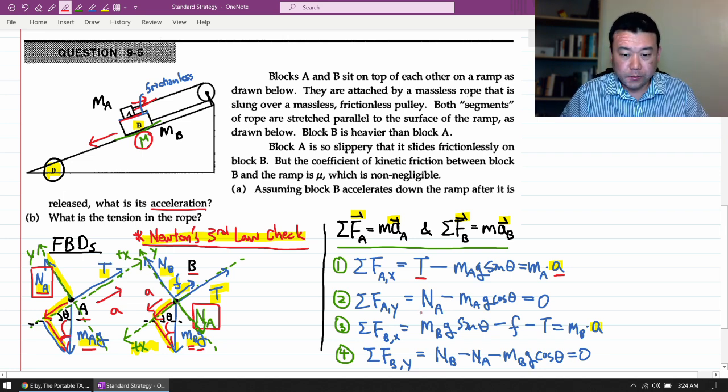I have the normal force on A, that's unknown, and no additional unknowns here. On equation 3, I have the mass, I'm going to assume I know that. Friction force, I don't know, nowhere am I given the expression for friction force. Tension, I still don't know, I already counted it, so I won't count it a second time.